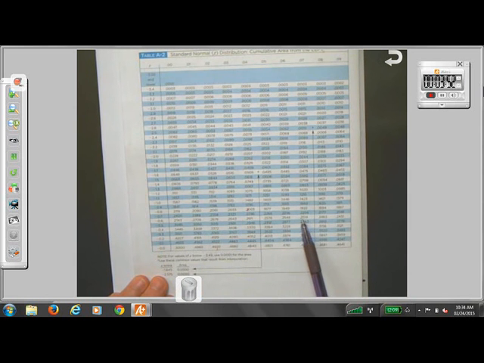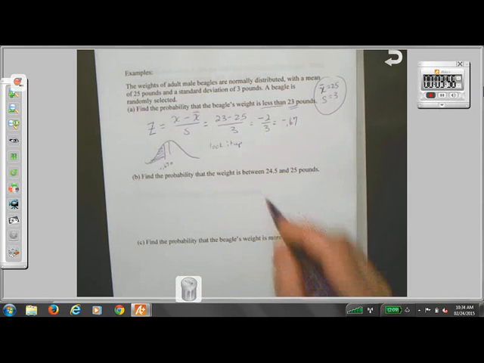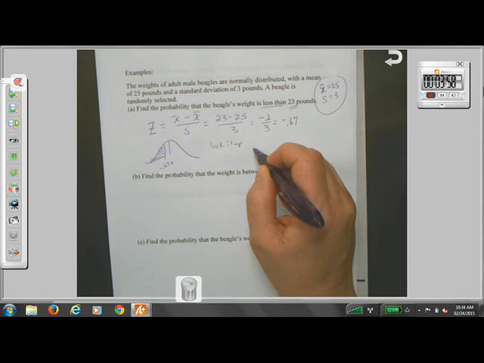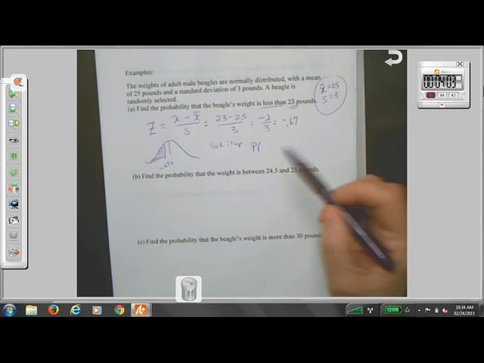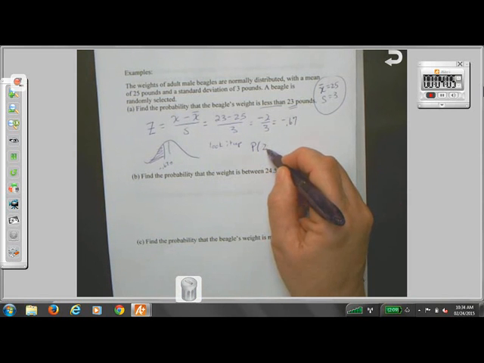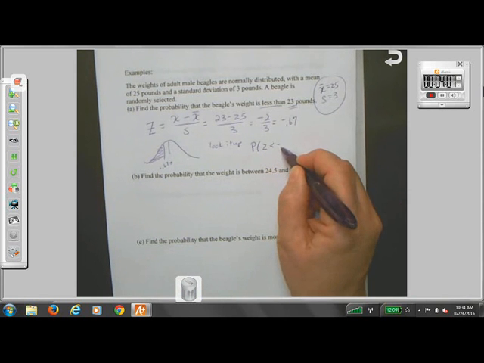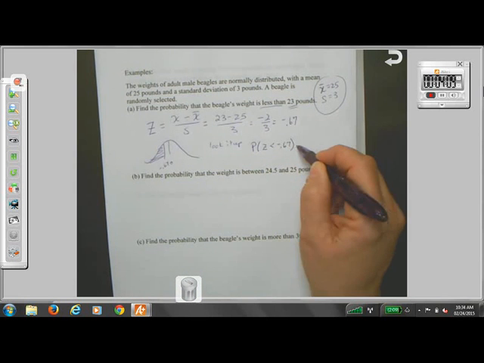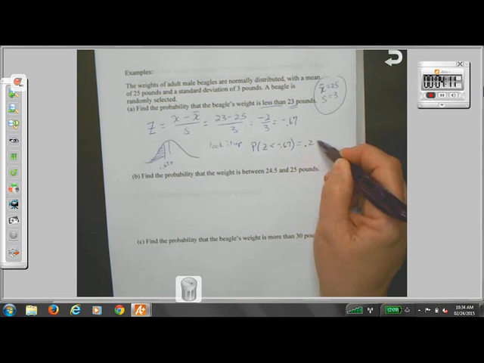And this value, 0.2514, is the answer to the question. I'm going to write this in probability notation first. So the probability that z is less than negative 0.67 will equal that 0.2514. And that's our answer.